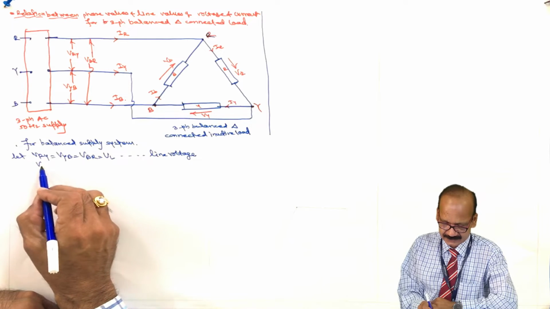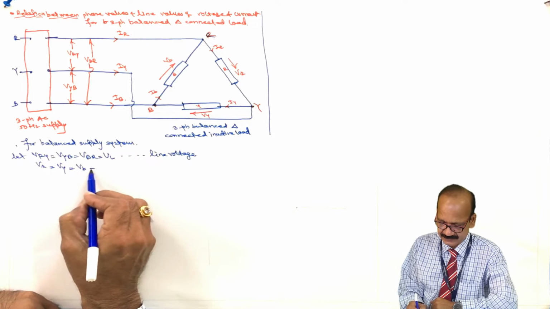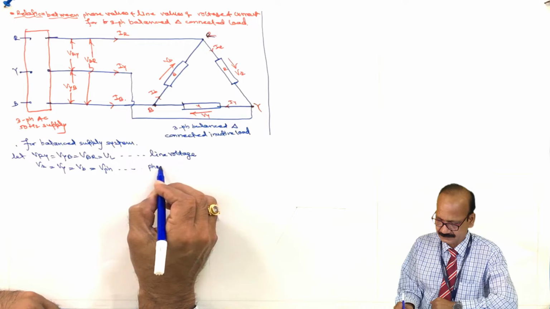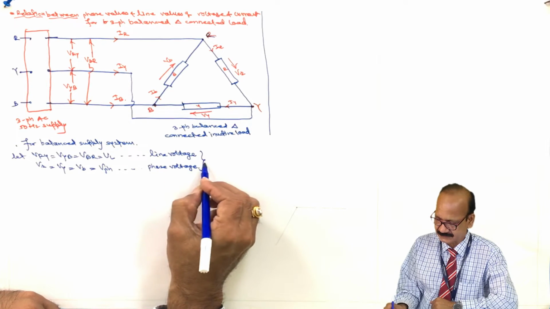Similarly, V small r equal V small y equal V small b equal V ph, the phase voltage. This is equation 1.